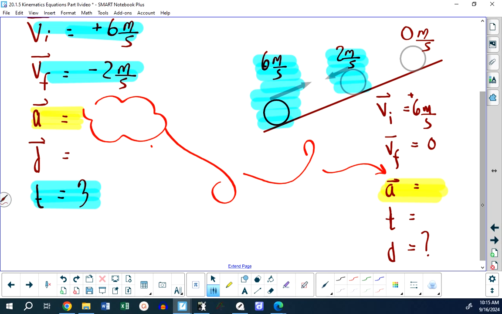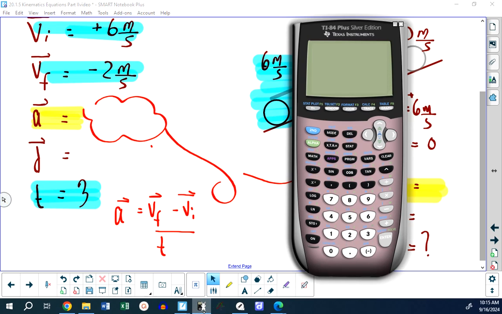So which kinematics equation can we use for this information over on the left? Well, Vf minus Vi over t equals a. A very straightforward calculation. So straightforward, in fact, that I don't even feel the need to write down the numbers.